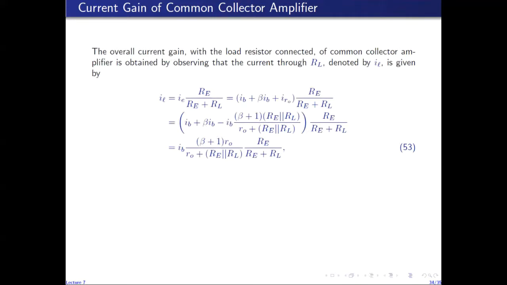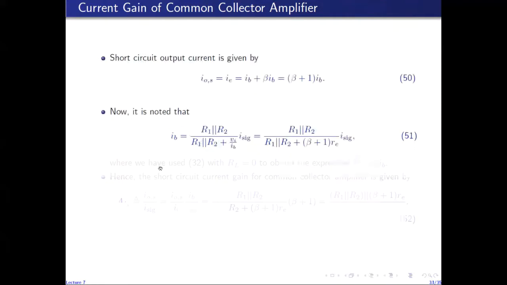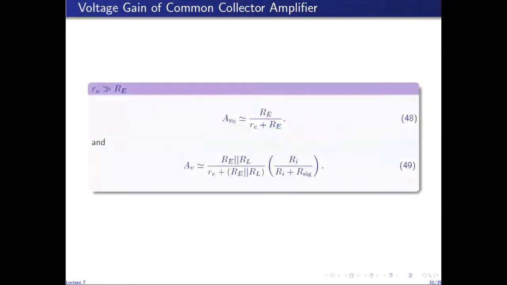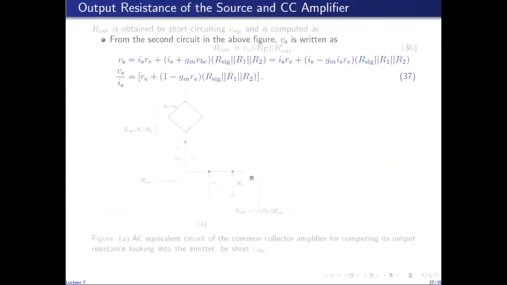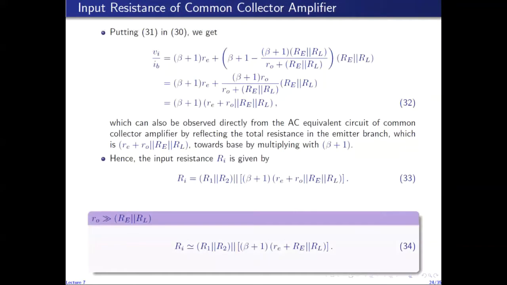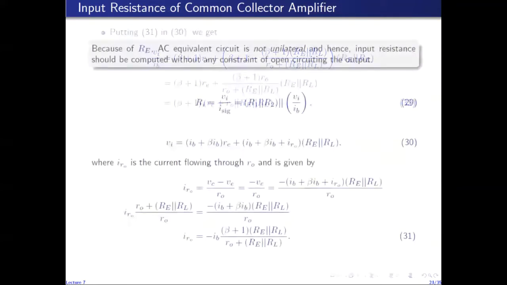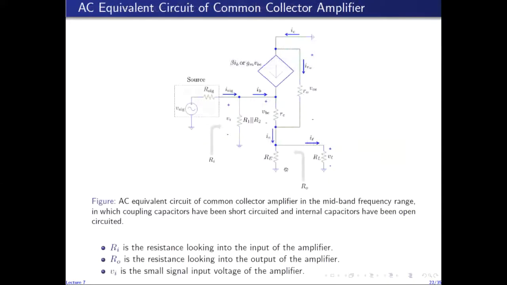We can find the overall current gain of the common collector amplifier when the load resistor is connected to the output by observing the following. If I go back to the actual AC circuit, in which we have the load resistor connected, we see that the overall current gain, when the load resistor is connected at the output, is given by the ratio of IL to the input current ISIG.